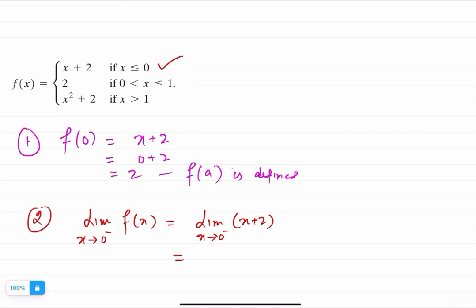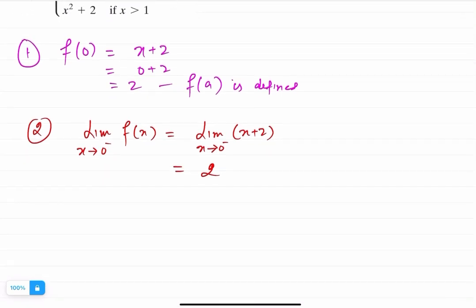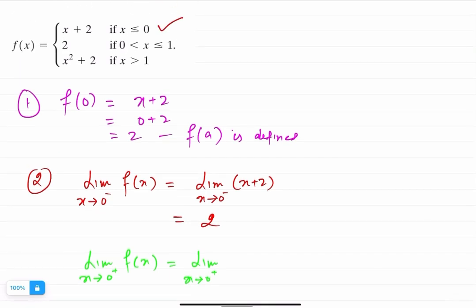Now substituting x as 0, the value that we're getting is 2. So the left hand limit is equal to 2. Now we will check for the right hand limit. Limit x approaching 0 from the positive side, f(x). In this case, we will take the part that is less than 0.